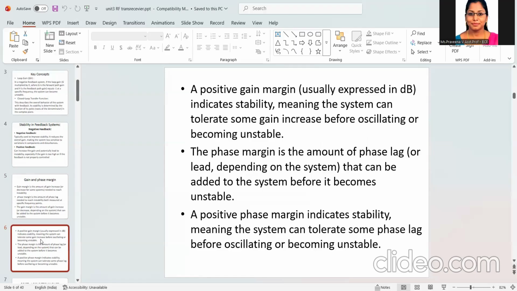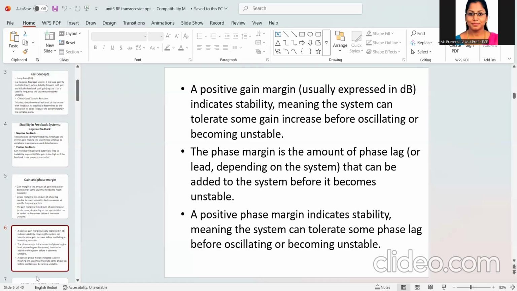Gain margin is the amount of gain that can be added to the system before it becomes unstable. We know that the unit of gain is decibel, so gain margin is also expressed in decibels, that is dB. A positive gain margin indicates a stable system. The larger the gain margin, the greater the stability.